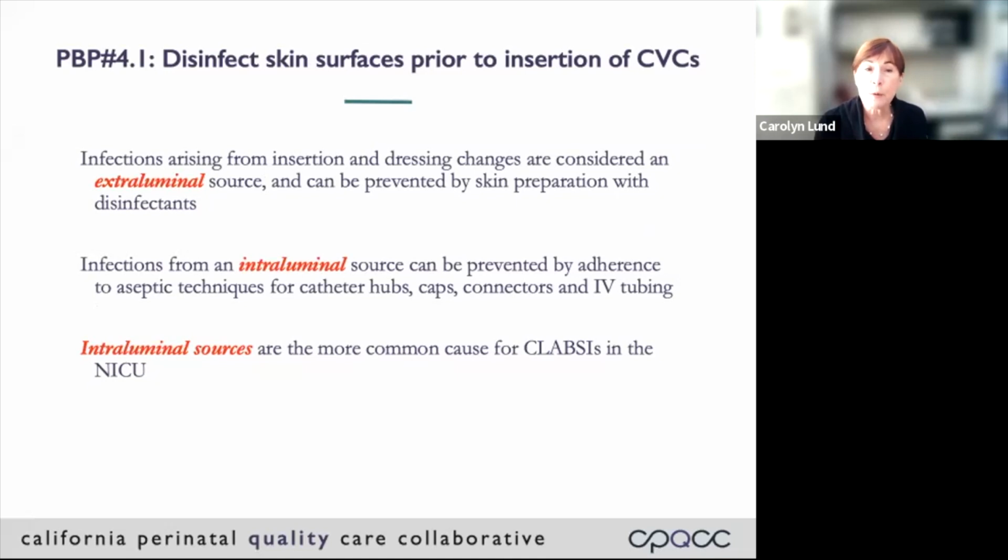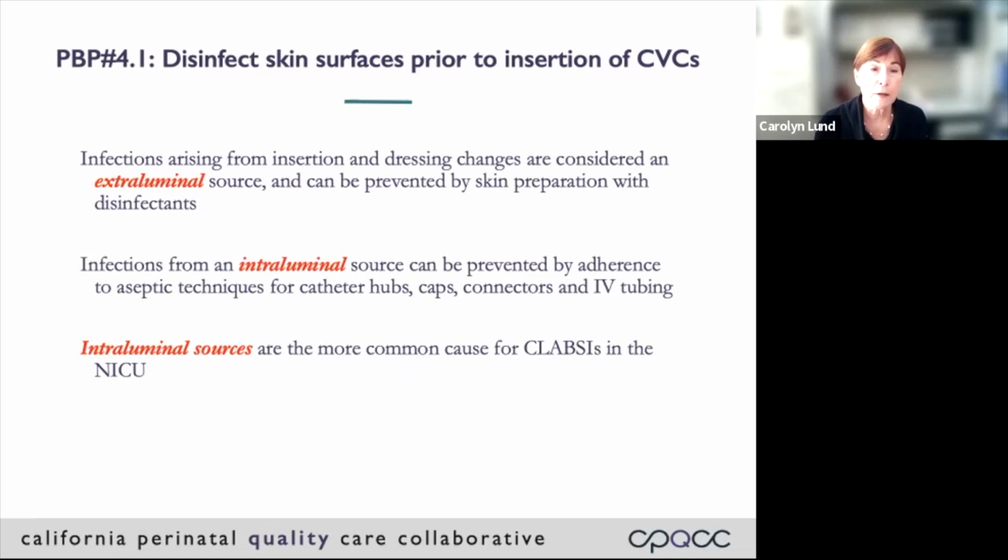But infections from an intraluminal source can also be prevented by adherence to aseptic techniques for catheter hubs, caps, connectors, and even how we string our IV tubing. In fact, Mermel and his colleagues have identified intraluminal as probably the more common cause for CLABSIs in the NICU. And so he published that he could attribute intraluminal sources for as much as 60 to 70% of CLABSIs.